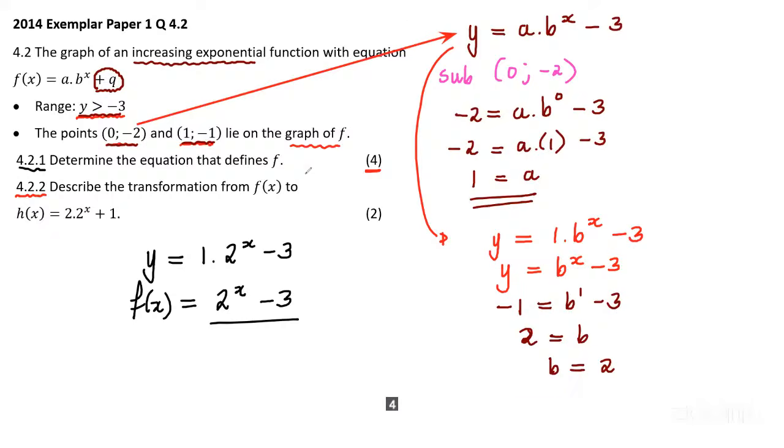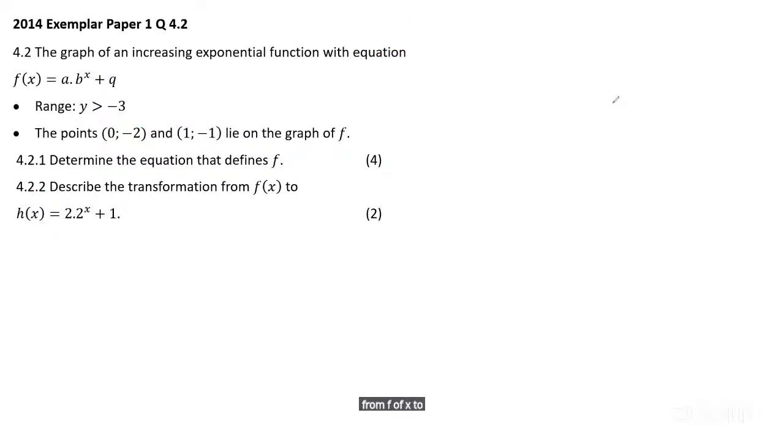4.22 says the following. Describe the transformation from f of x to h of x. All right, let me hear this out. There's 2 ways to think about it. For starters, f of x is 2 to the power x minus 3.